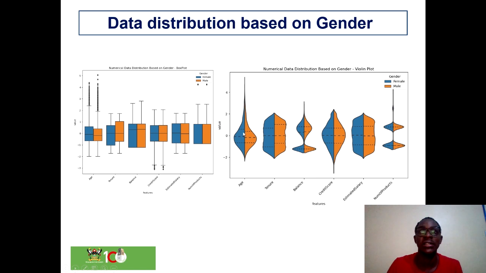We see that there's quite some balance in terms of the distribution of data points with every feature for both genders. We also see that there's a few outliers, but these are common for both genders.